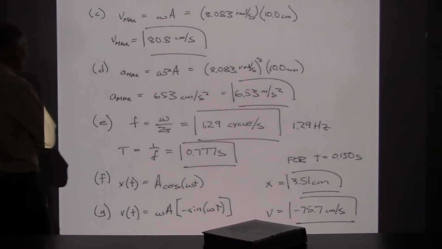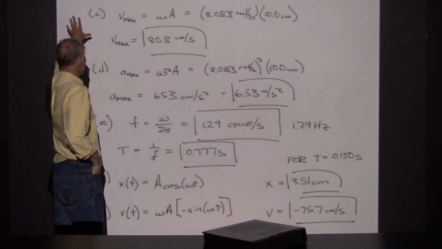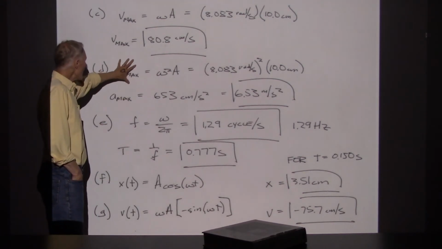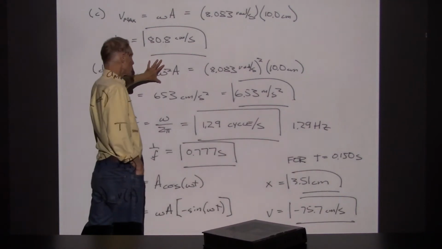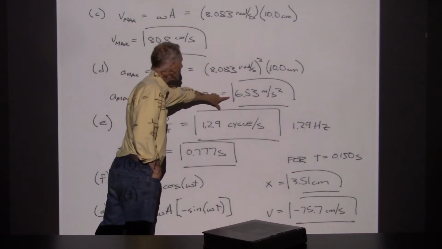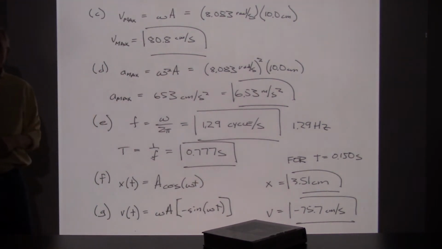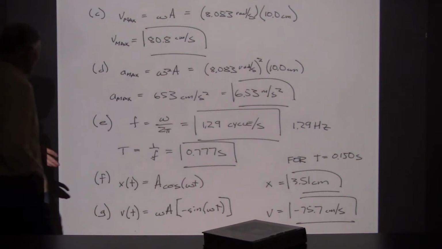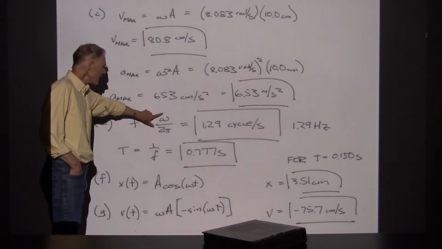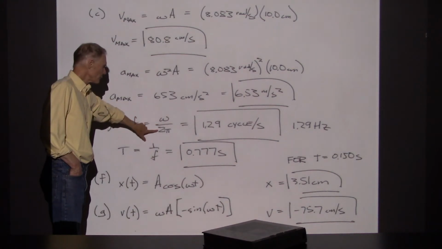Okay, the maximum acceleration, part A, B, C, D, E, F, G, that's a lot of parts. The maximum acceleration, omega squared times A, well, put another factor of omega in, that works out to be 6.53 meters per second squared. All right, and then the frequency in hertz would be the radian frequency divided by 2 pi.